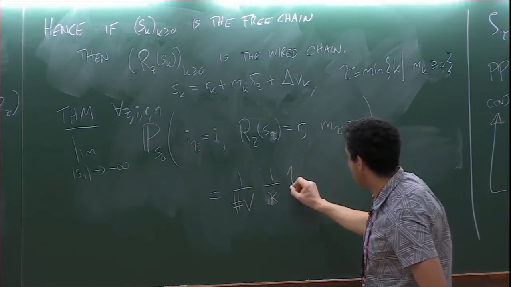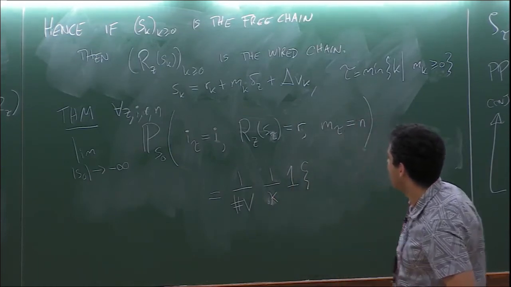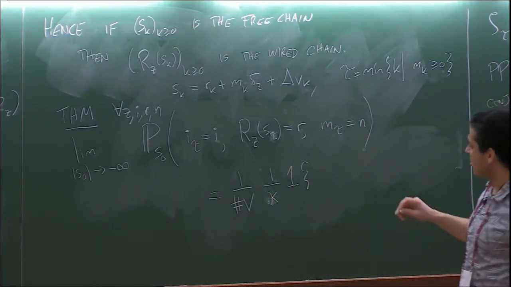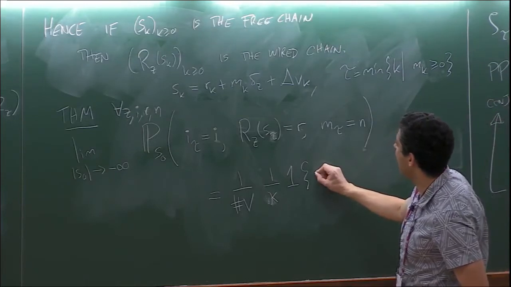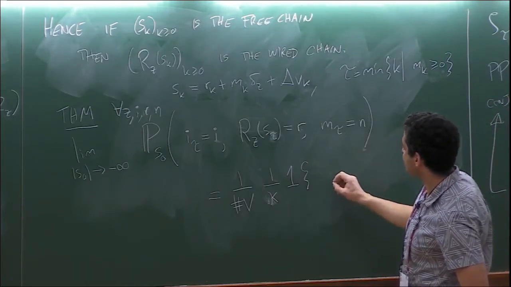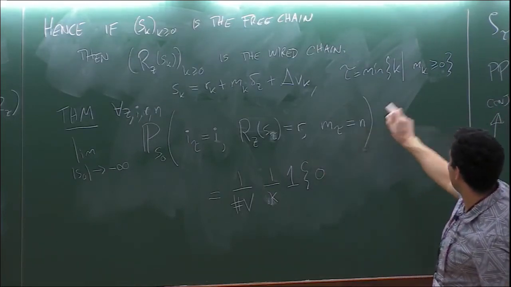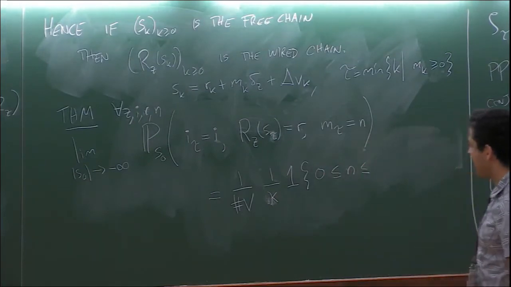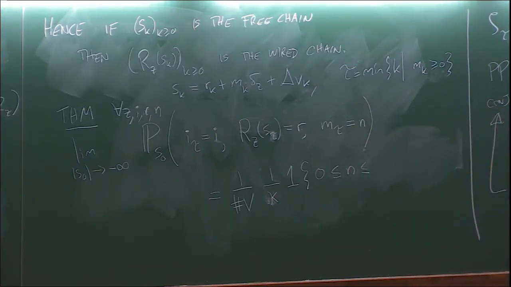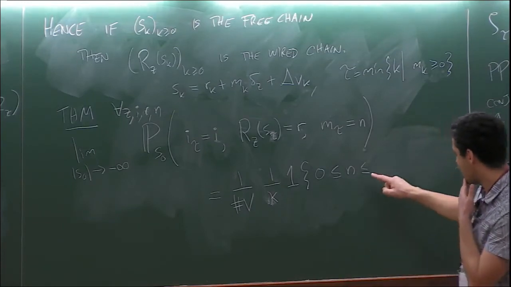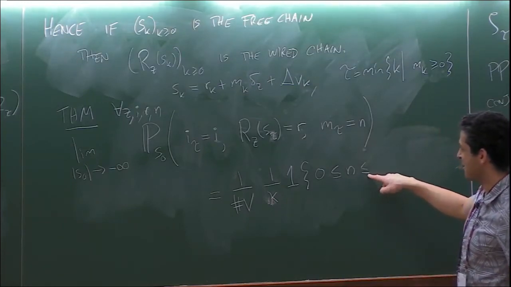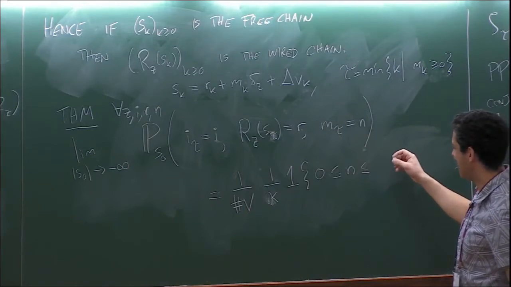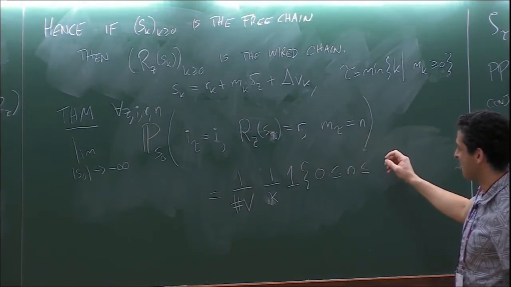And then the size biasing looks like this. So it's going to be the indicator of, we know this n has to be non-negative. And I'm going to upper bound it by something I call the burst size. So the burst size is the following thing.